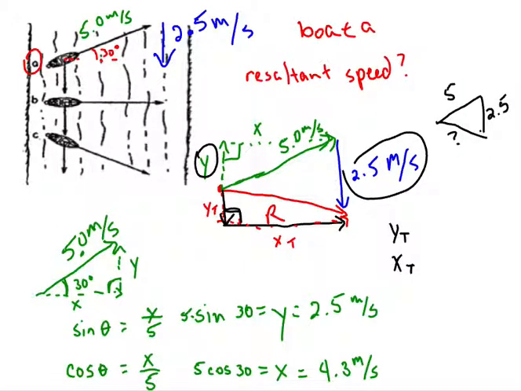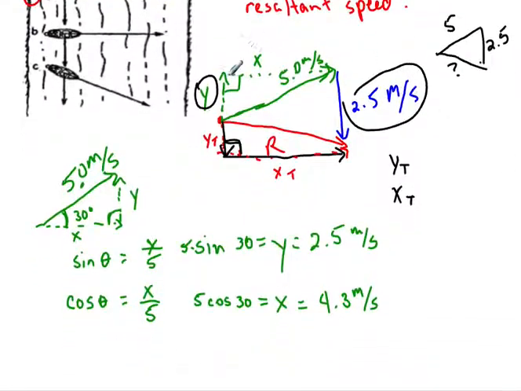So how I did that was I said, okay, I'm going to break down this 5 into its y and x components. So I redrew it down here. With the horizontal, this 5 meters per second makes a 30-degree angle. So we know an angle, and we know the hypotenuse, and this is a 90 right here.